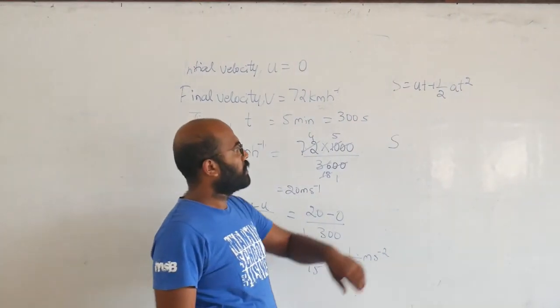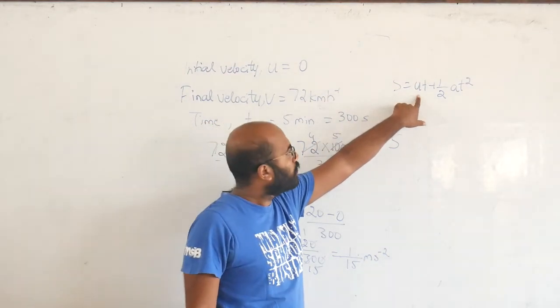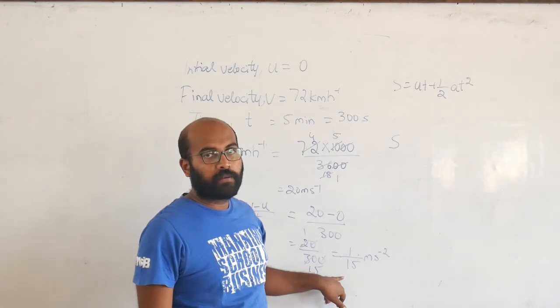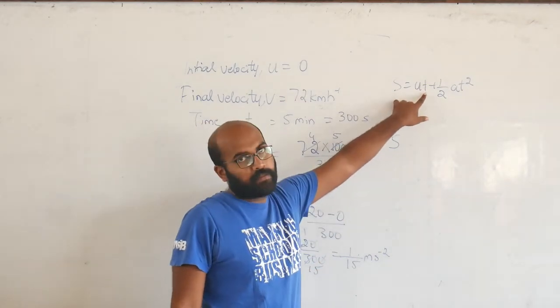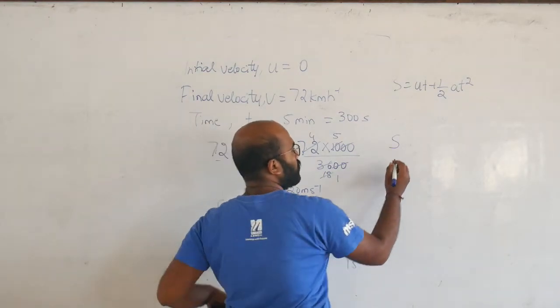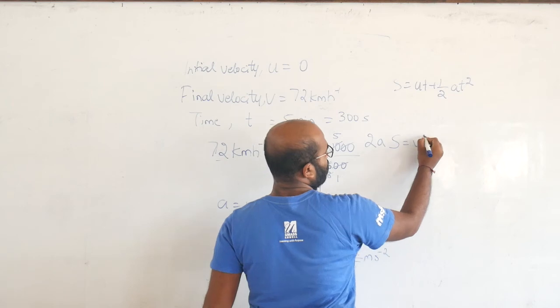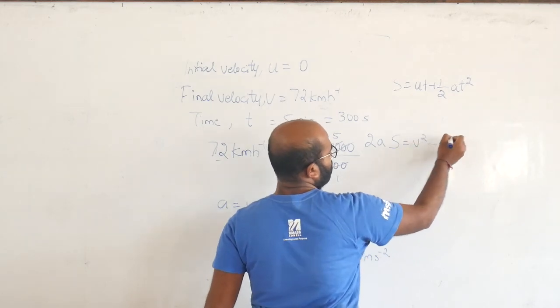Here we need to find s. You know the initial velocity and the acceleration, and the time is known. Or else we can use 2as is equal to v square minus u square.